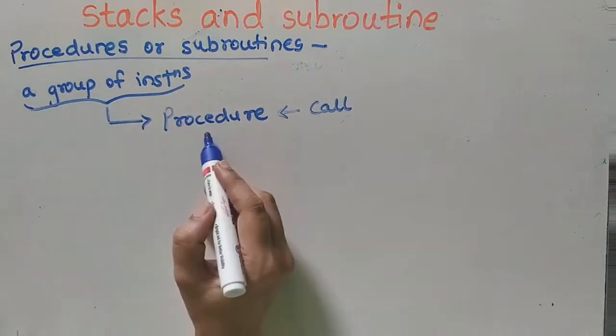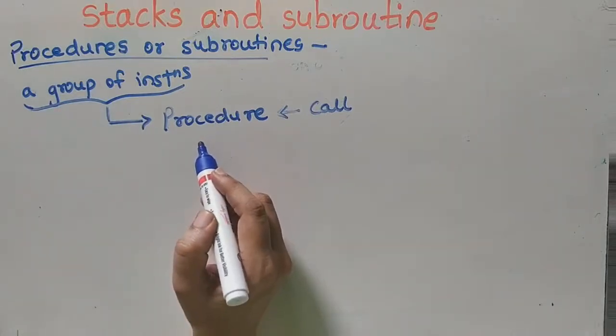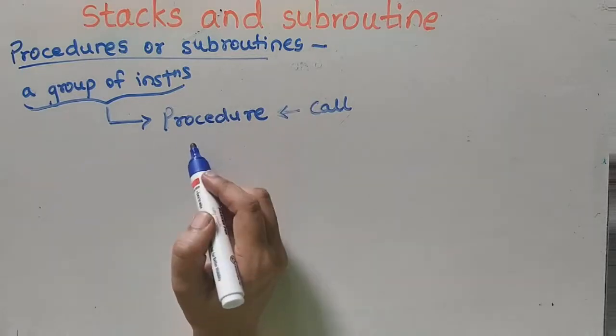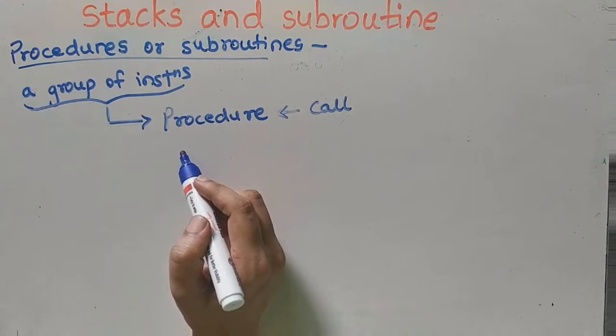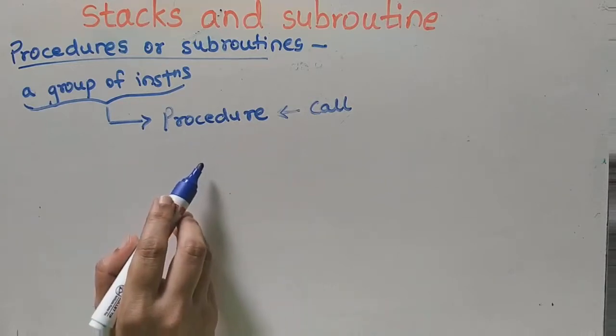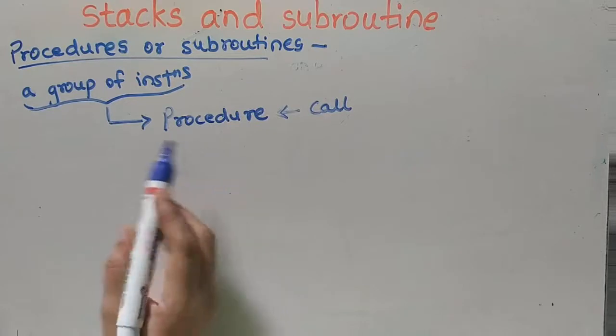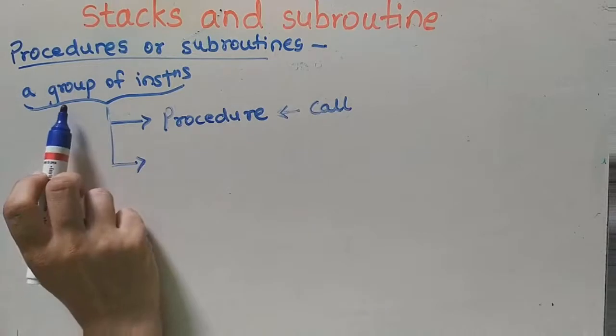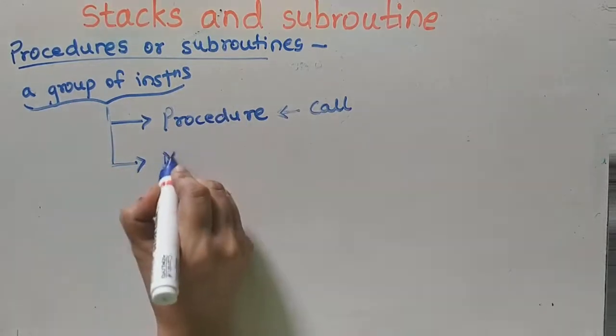For calling of this procedure, the return address has to be stored on the stack. That means here also we require the stack. And there is another way, that is to write the group of instructions as a macro. Means we can either write this group of instructions which are repeatedly used in a procedure, or these can be used in a macro.